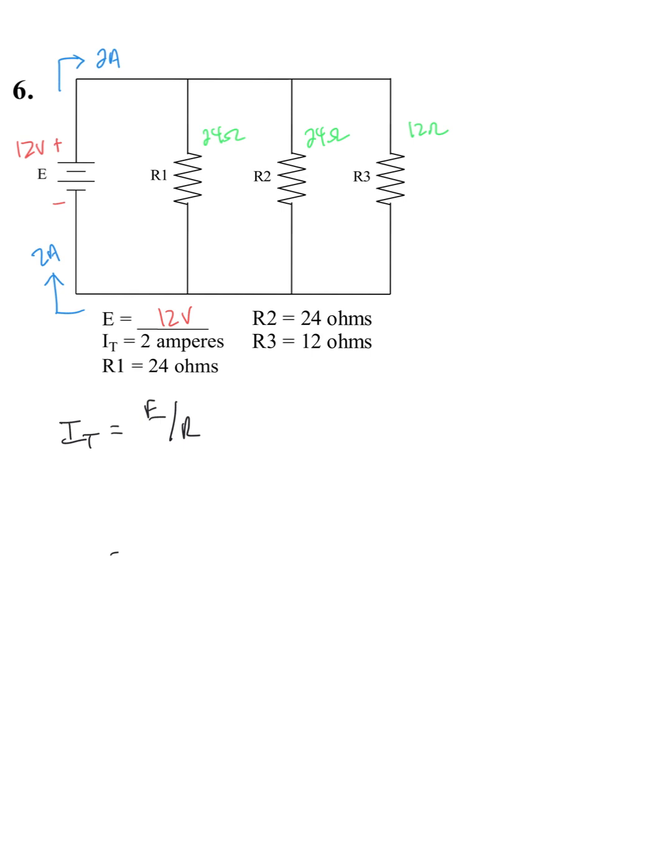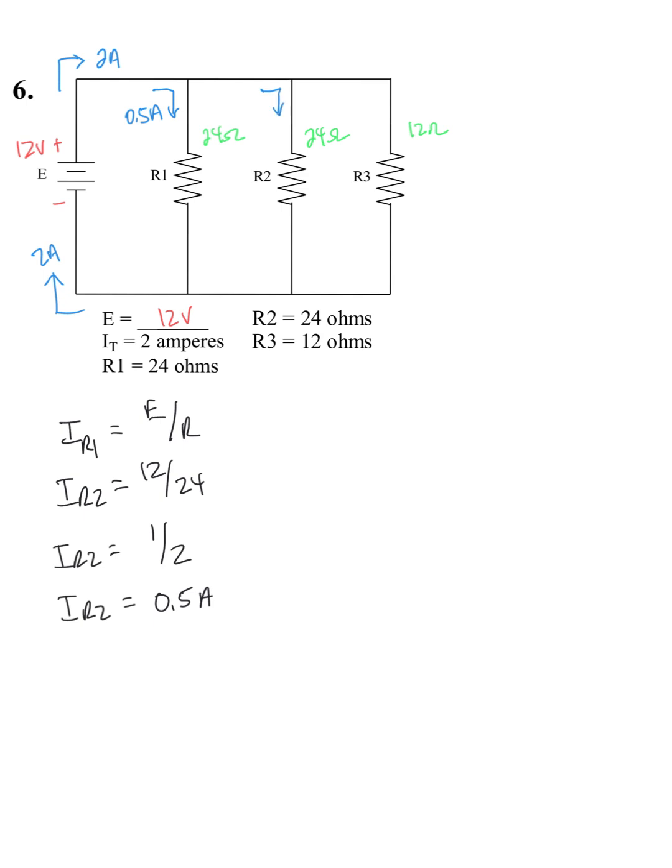Sorry, this should actually be R1, because once we solve for R1, we'll know our current through R2. So we've got 12 divided by 24. So IR2 would be reduced to 1/2, or IR2 is equal to 0.5 amps, right? So coming out of here, 0.5 amps.